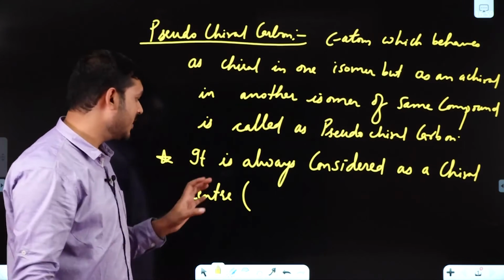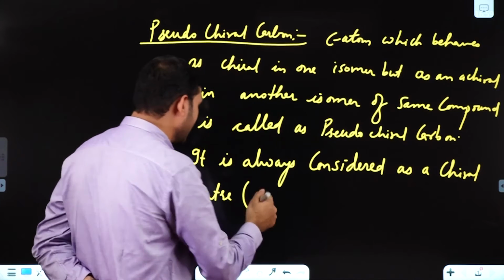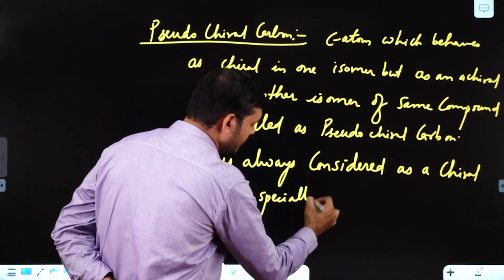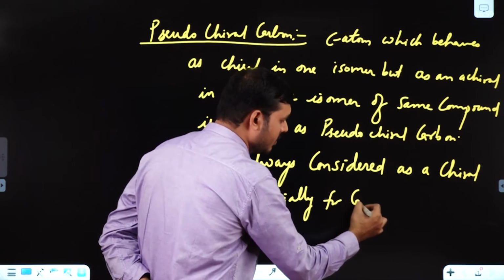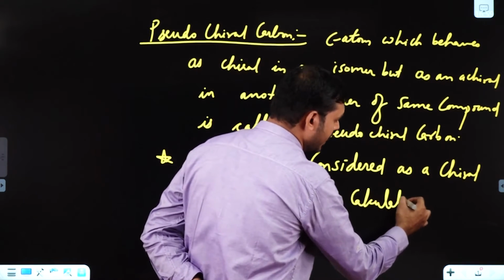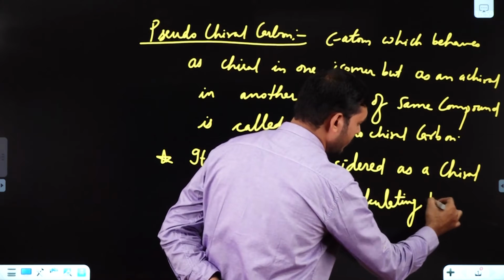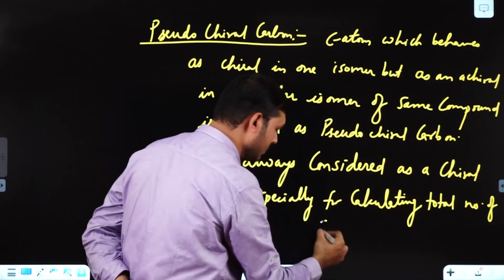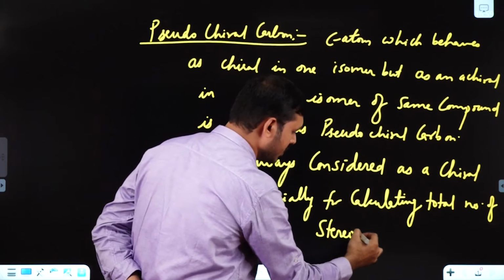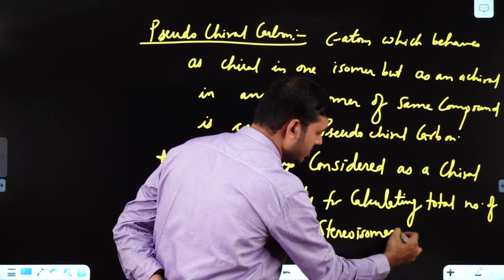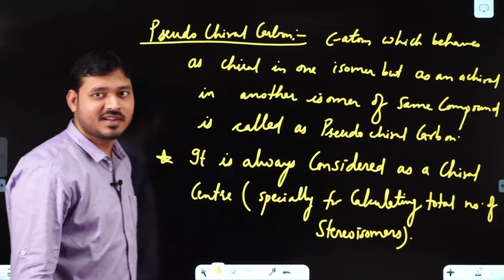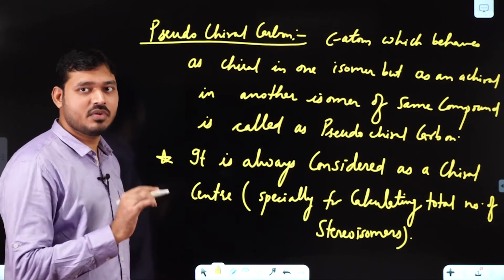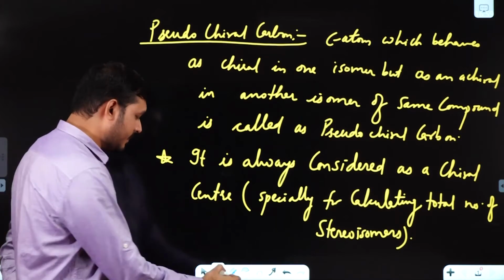So remember this point, it is always considered as a chiral center, especially for calculating the total number of stereoisomers. Okay, clear to you all? I think you must have noted it, and I have given you an example clearly.